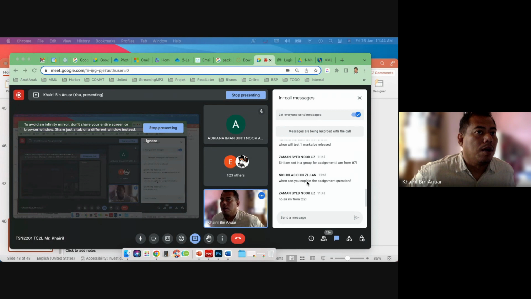So perhaps you can join those who already have a group but only have 3 in the group, because the maximum is 4. And you're not allowed to do this assignment as a single person, and you'll be penalized if you do. At least 2 students will become a group. That one is acceptable.